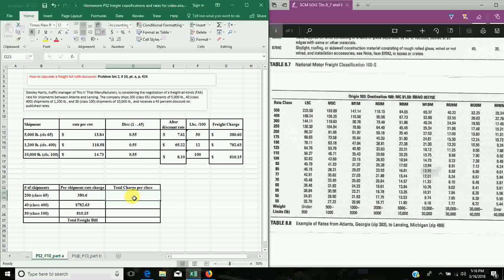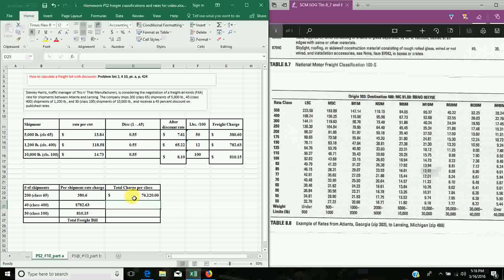And simply, we will multiply 200 times this quantity, 76,120.